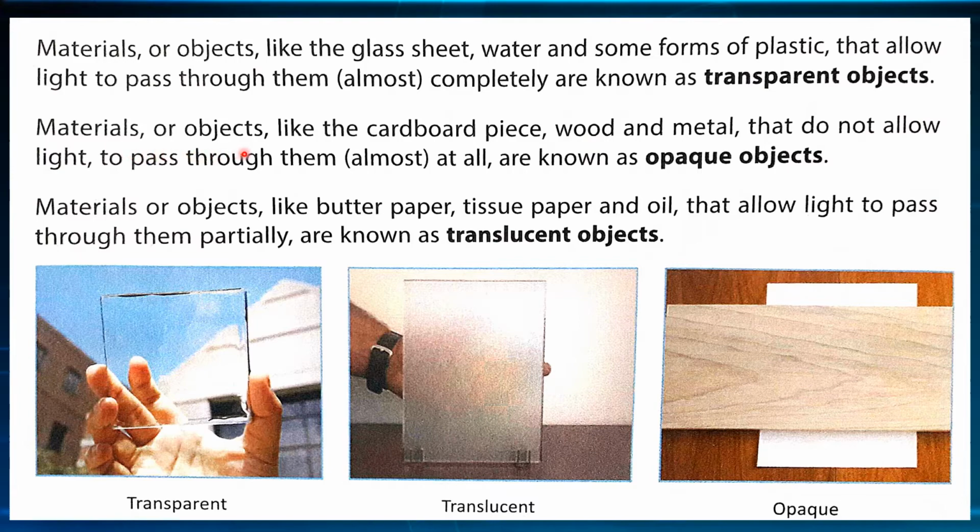Materials or objects like the cardboard piece, wood, and metal that do not allow light to pass through them almost at all are known as opaque objects. Materials or objects like butter paper, tissue paper, and oil that allow light to pass through them partially are known as translucent objects.